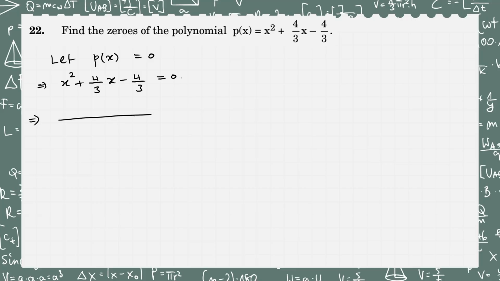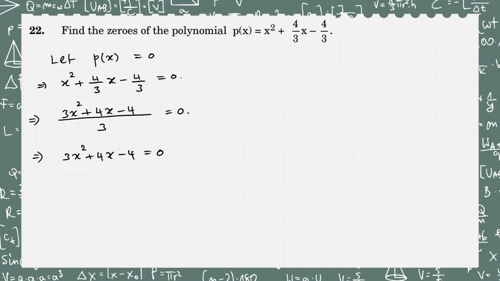Now let us take 3 as LCM for the left side. This will give us 3x square plus 4x minus 4 equal to 0, right? Now let us cross multiply. This 3 goes to the other side numerator. So we get 3x square plus 4x minus 4 equal to 0 into 3, which is also 0 only, right? Now in order to factorize the given expression, we can use any of the techniques.